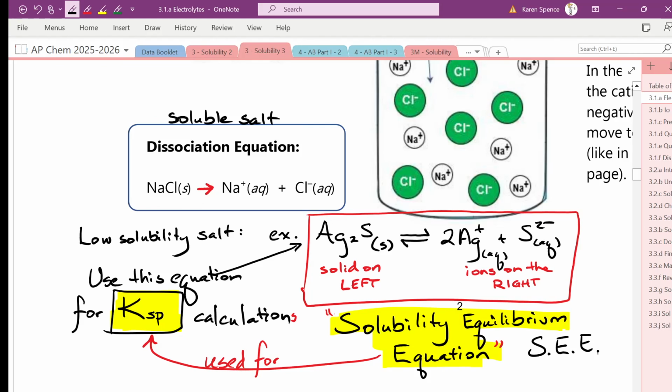AP will have no idea what you're talking about if you call it the SEE, okay? But I call it the SEE, okay? Solubility equilibrium equation, because we refer to it so often, all right? So that's how these low solubility compounds relate to dissociation.